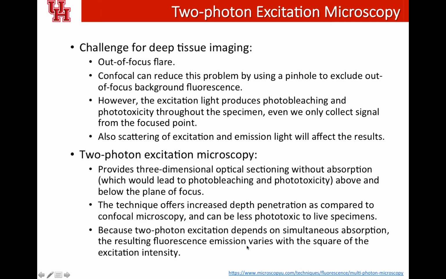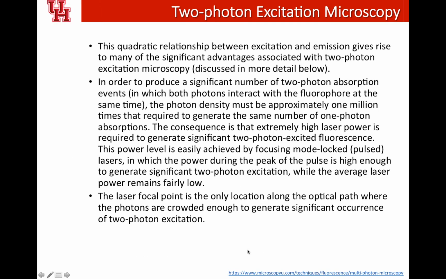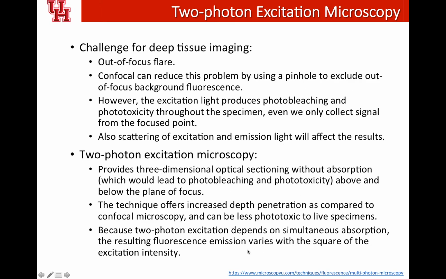Okay, so this is the key point. Because two photon excitation depends on simultaneous absorption, the resulting fluorescence emission varies with the square of the excitation intensity. The fluorescence emission will decrease with the square of this intensity, which means it decreases much faster than the excitation intensity.